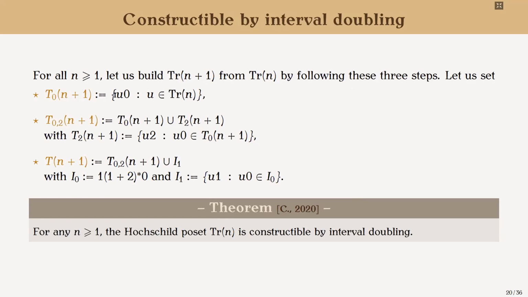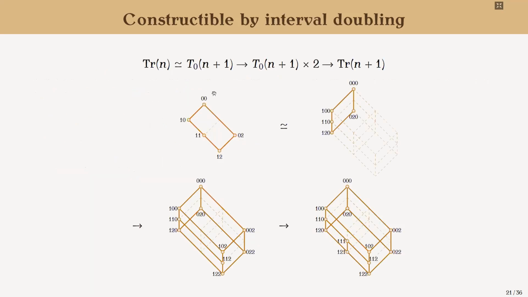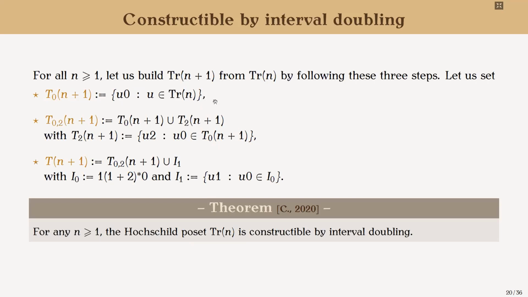The first step is to make a copy of the Hochschild poset of lower size n, simply by adding a 0 at the end of all triwords. This is something we can always do because it is not in contradiction with the definition of triword.